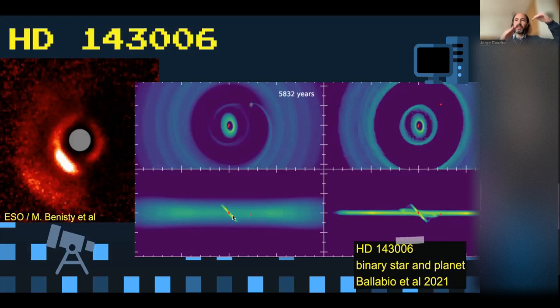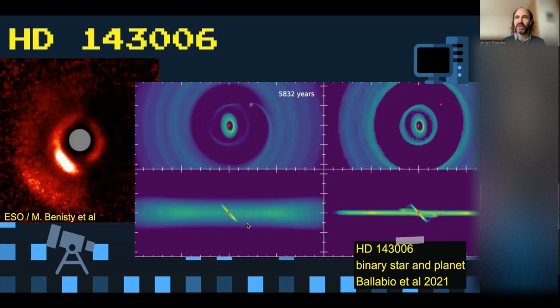That misalignment between the outer disk and the inner disk is the reason for this observed asymmetry, which is reflection. It's like putting an inclined mirror there, right? So there's the two stars, an inclined mirror, and you see much more brightness coming from the lower part.